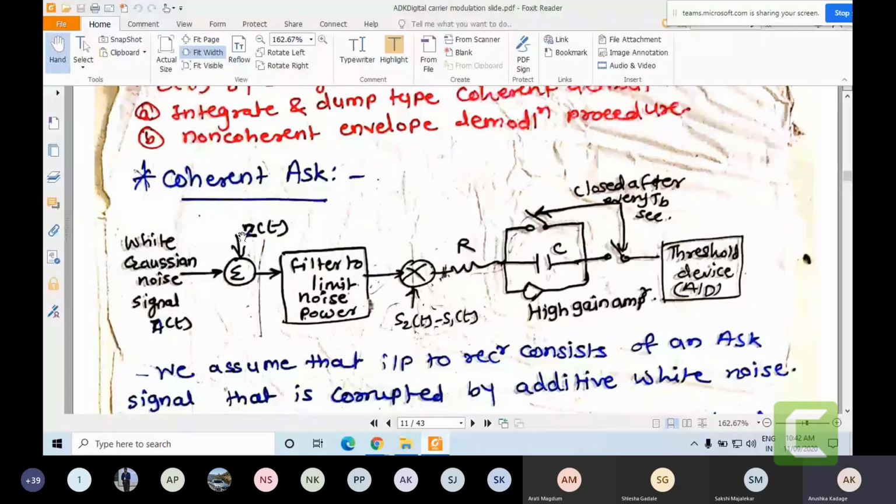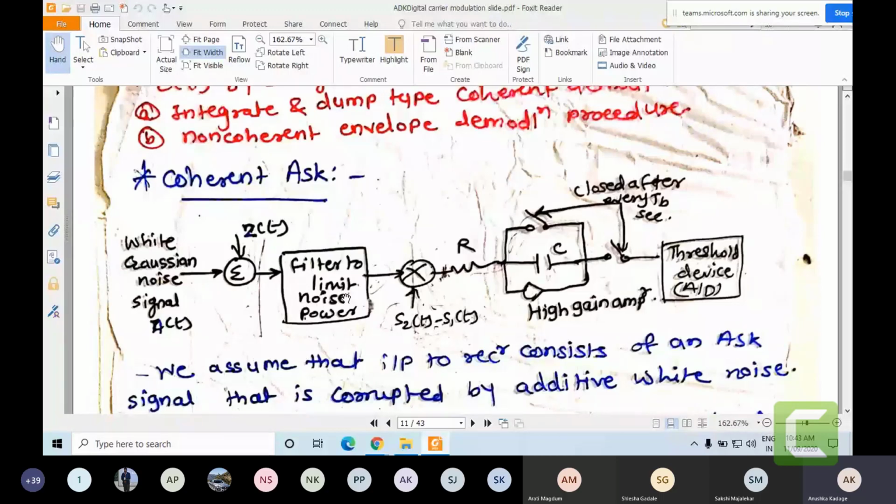On the channel, this ZT will get added with the white Gaussian noise NT, and such added value, indicated as the VT signal, will be passed to the receiver. Now, this ZT plus NT will be applied to the filter, which is of bandpass type, and will filter out the noise from the signal.